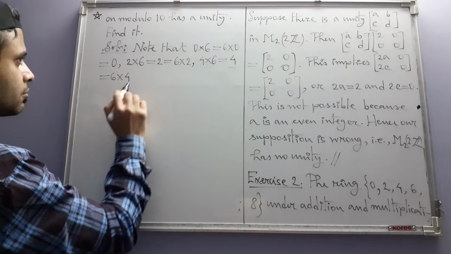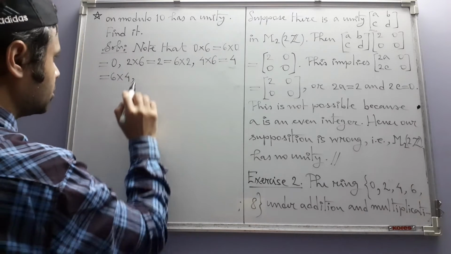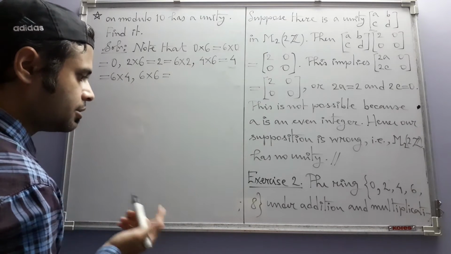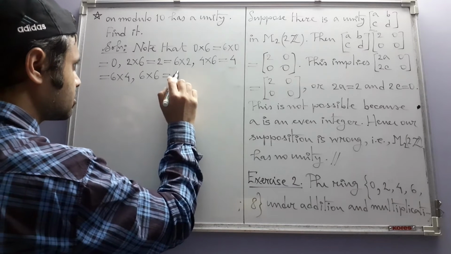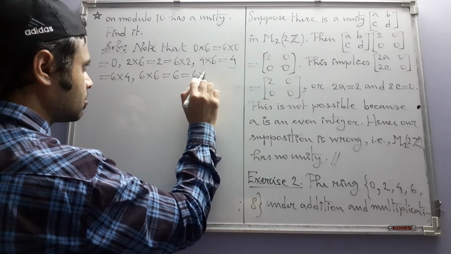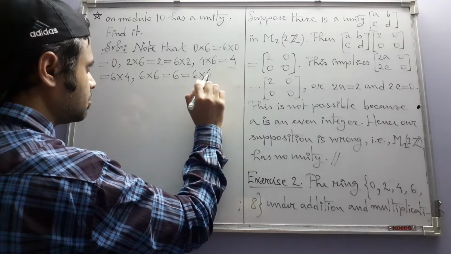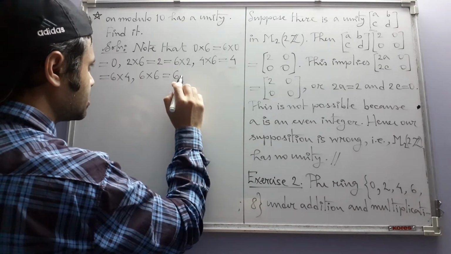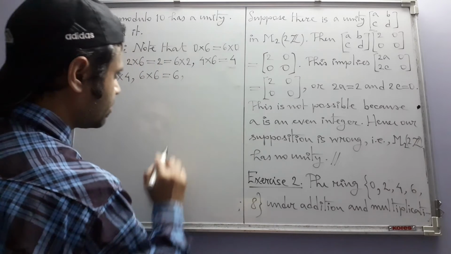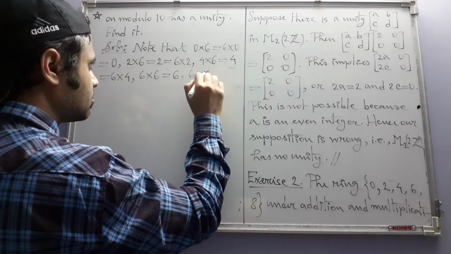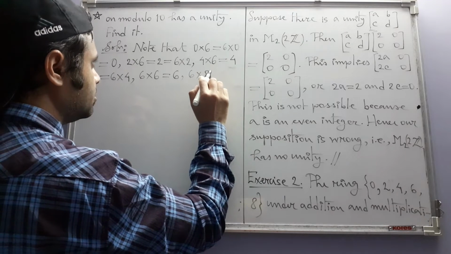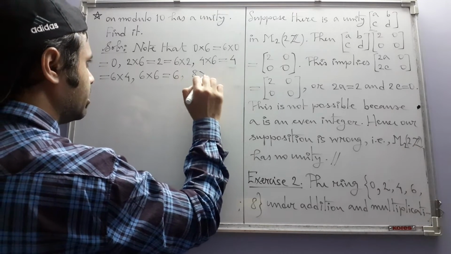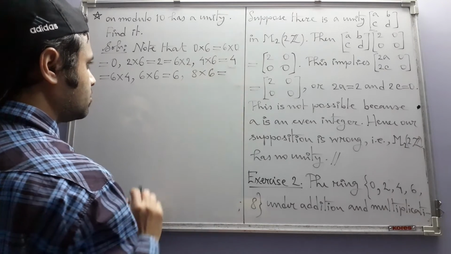Then 36, 30 plus 6, so this is 6. There is no need to write that, it is actually the same thing. And finally 6 times 8, or 8 times 6, since we are writing it that way, 48.